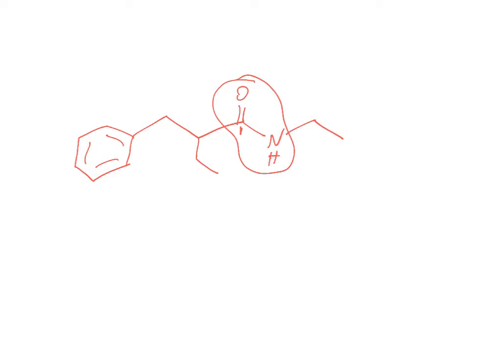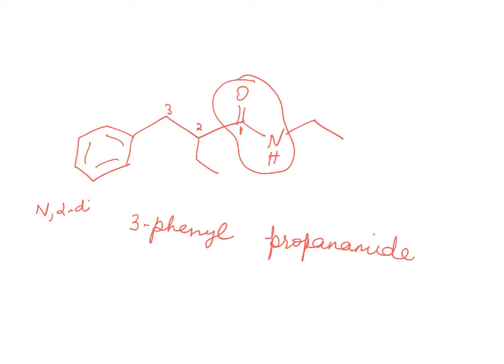You'll consider that a terminal functionality. That will be 1, 2, 3. So this is some kind of a propanamide still, propanamide, where the third position has the phenyl and your nitrogen, and the second position, so N-2, have the diethyl. So N2 diethyl dash 3-phenyl propanamide will be your answer.